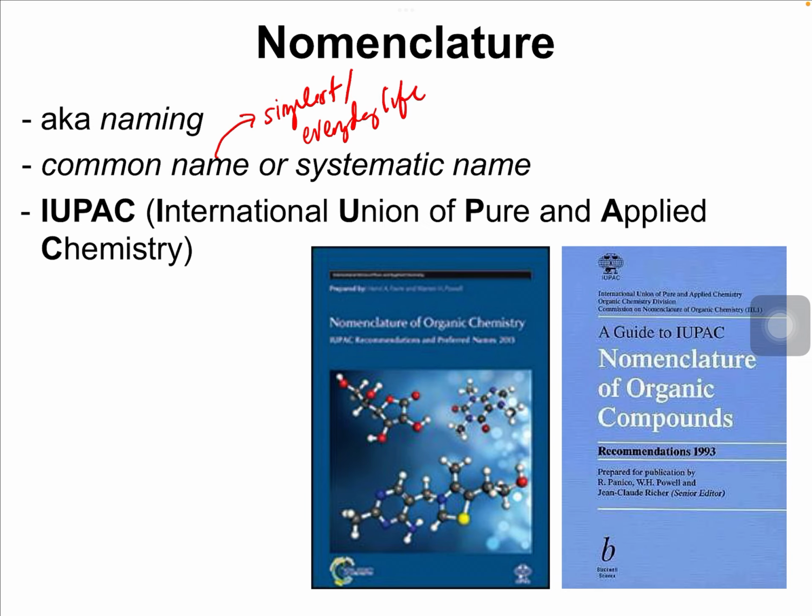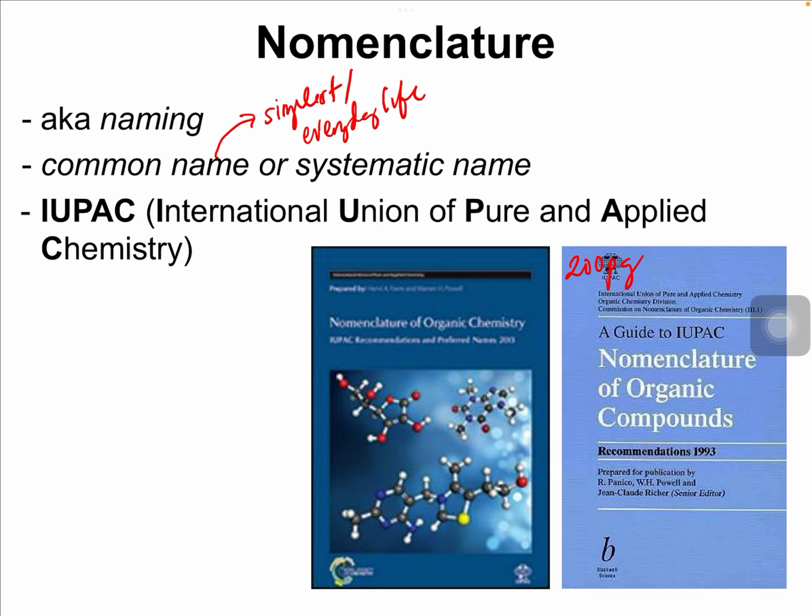Way back in 1993, the first edition of the nomenclature of organic compounds was released, shown to your right. A Guide to IUPAC Nomenclature of Organic Compounds 1993, and I have read this. This is around 200 pages only during that time.